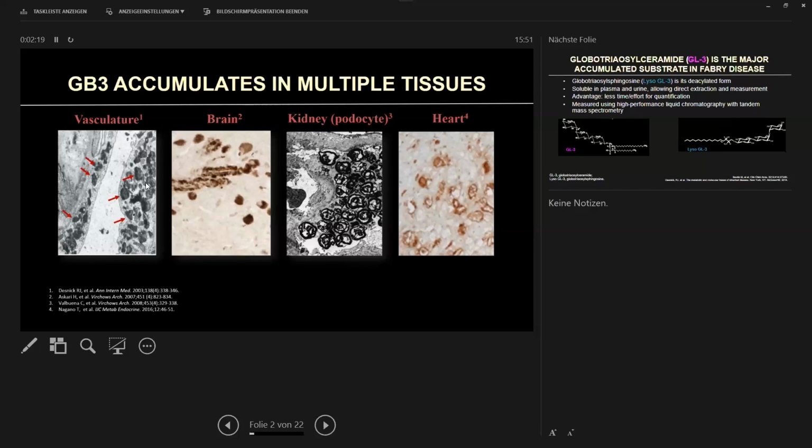As you can see here in the vasculature, in the brain, in the kidney, and in the heart. And you can see everywhere these typical myelin figures, which can be distinguished particularly well on the electron microscopy of the tissues.